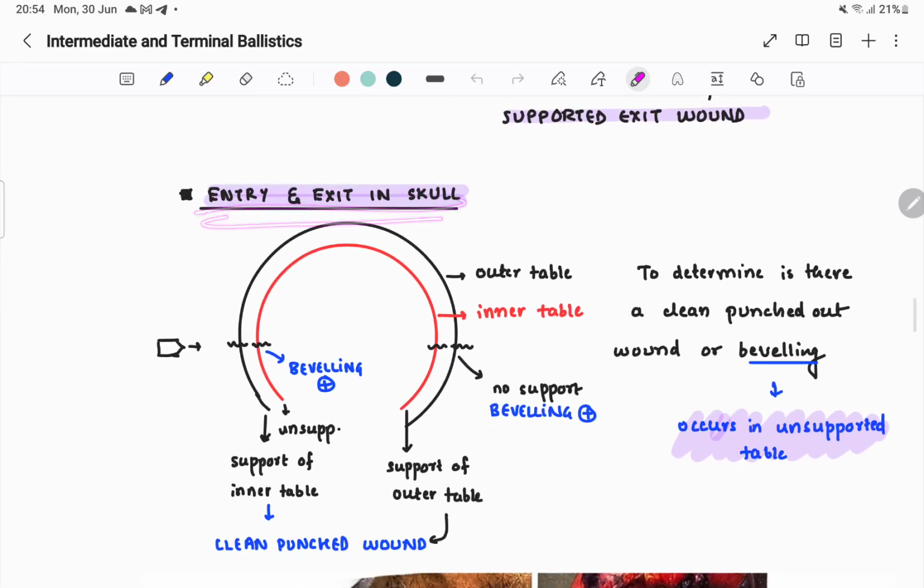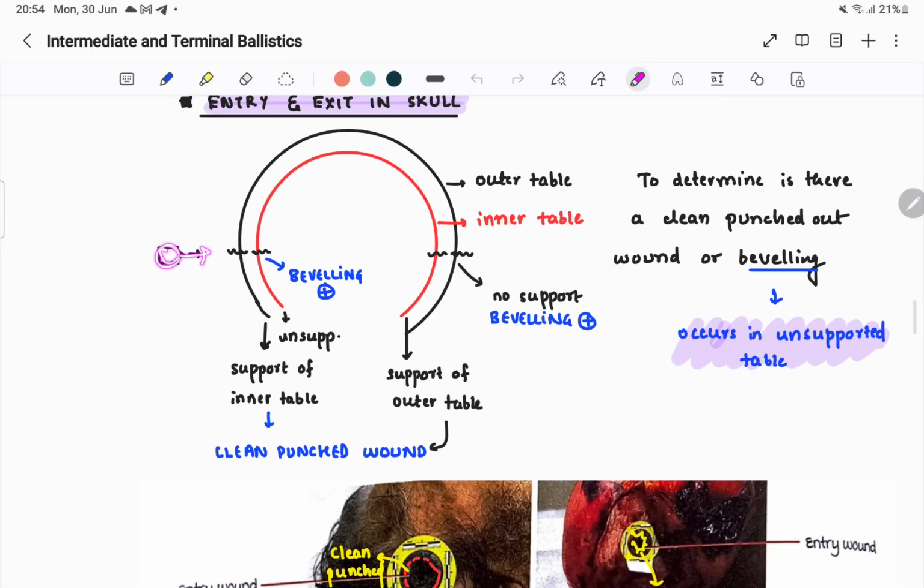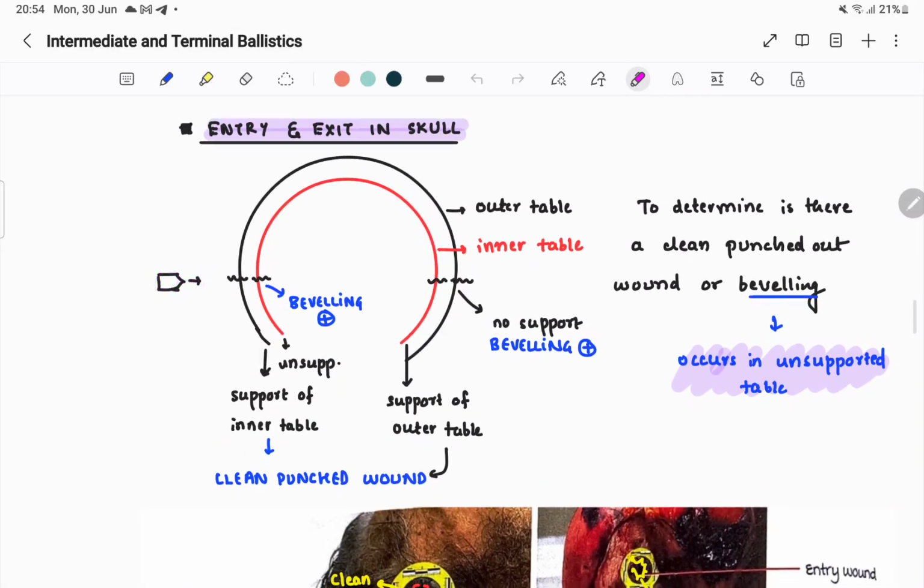Entry and exit in skull. Let's discuss the entry and exit in the skull. Whenever a bullet enters the skull, this is the outer table, this is the inner table. Whenever something is entering, the inner table is unsupported.